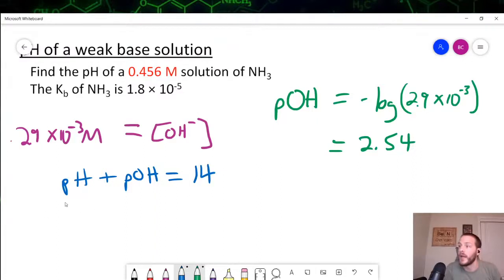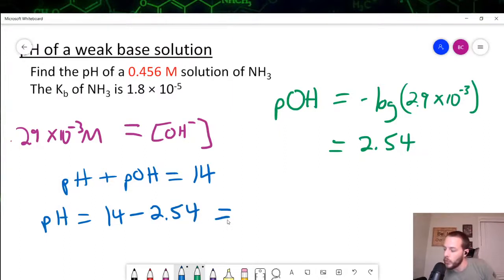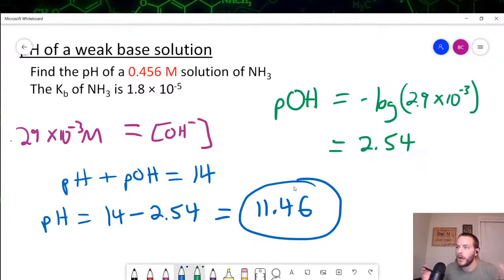So that means that the pH is going to be equal to 14 minus the pOH. We just calculated our pOH, that's 2.54, and so this becomes 14 minus 2.54. So 14 minus 2.54 ends up being 11.46. So that is our value of pH.